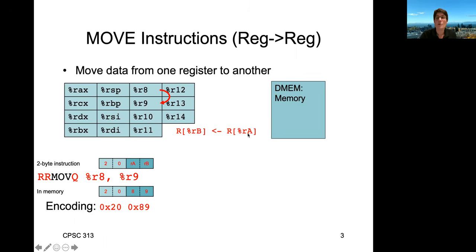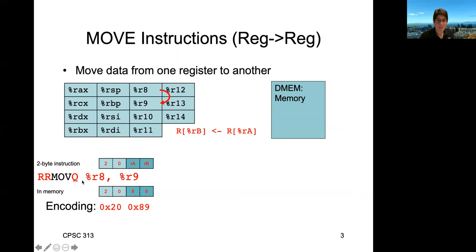This says take the 0th register in the register file and take its contents and move that to be the contents in the register file of the register RB. In all our instructions, we may have an RA or an RB, or we may have both of them. In this register to register move, we have both an RA and an RB, and we're going to use those as sort of indexes into the register file.